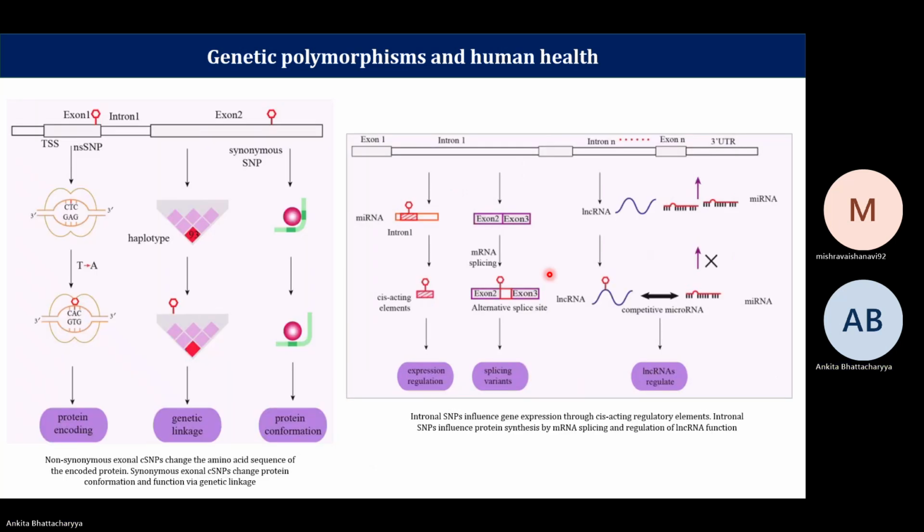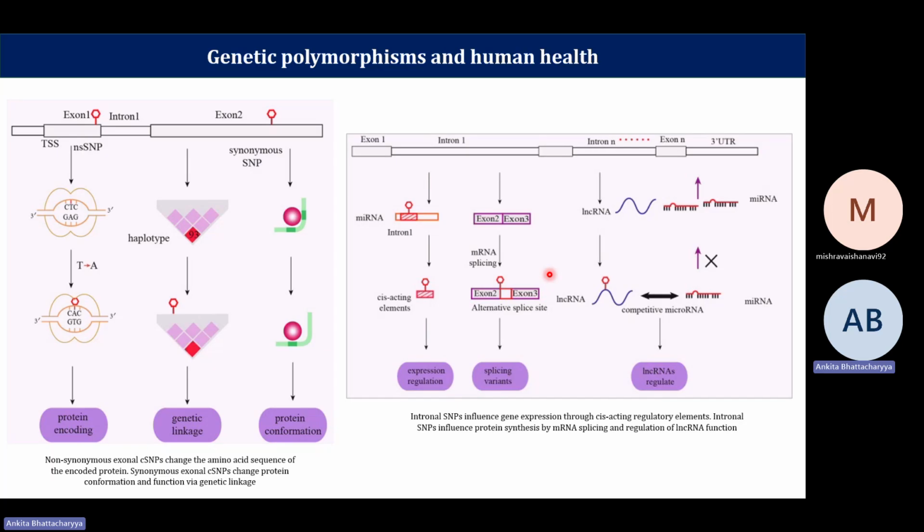These were more detailed examples. I'll not repeat the entire topic again, but basically what we see is that SNPs present in different regions can have different effects. For example, non-synonymous exonic SNPs are SNPs present in the exon, which is the actual region that is getting encoded. What will that do?